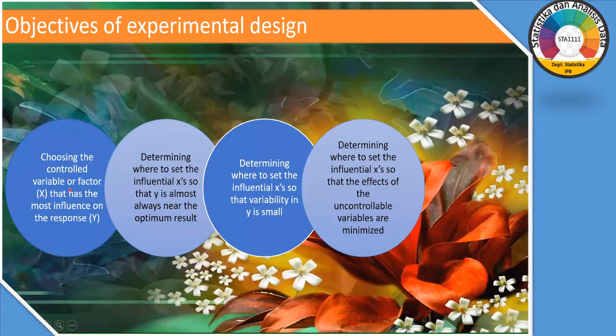Selecting the most influential X, then determining the best setting of the influential X, then number three is to determine the influential X to have the minimum variability of the Y, and then to determine the setting of the influential X so that the effect of the uncontrollable variables is minimized. So this is how to control the uncontrollable factors.